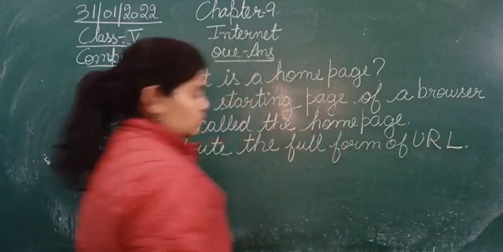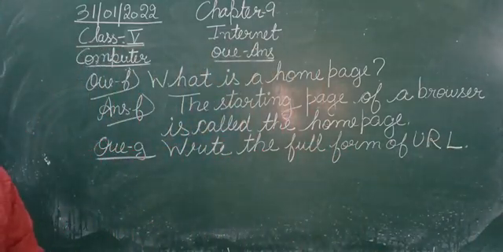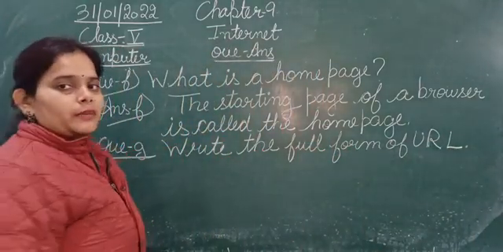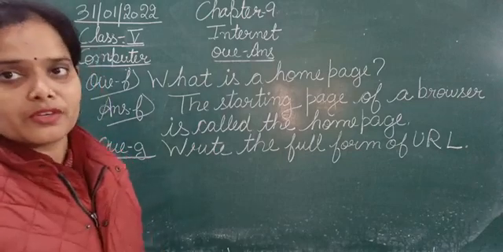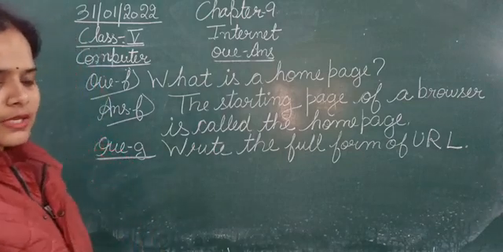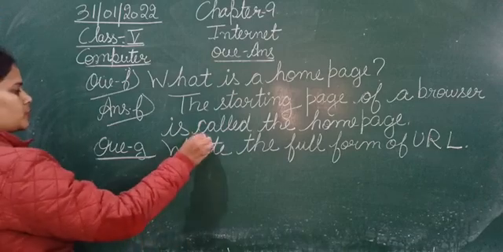Okay, so it can come as an abbreviation as well. So abbreviations can be asked. Just make sure that you all revise the abbreviations from all the chapters that is given in the book. So what is the full form of URL?